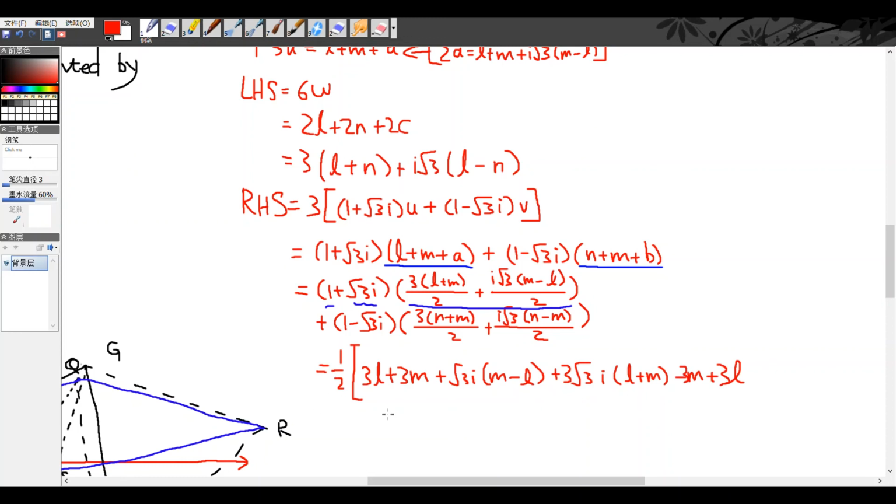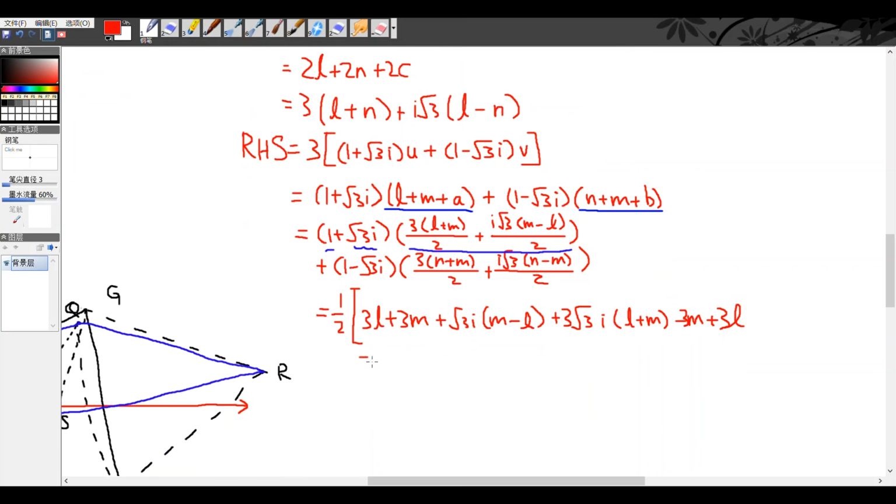For the next one, we have plus 3M plus 3N, plus the square root of 3i times N minus M, plus, sorry, it's not plus, it's minus the square root of 3 times the square root of 3i times M plus N.